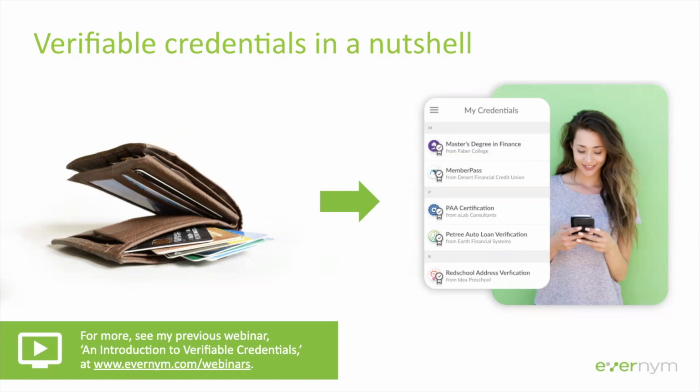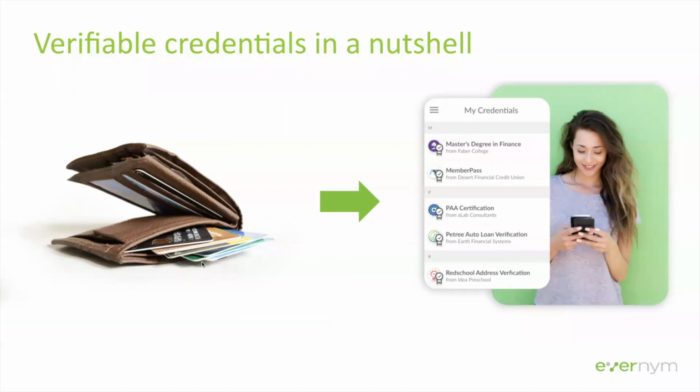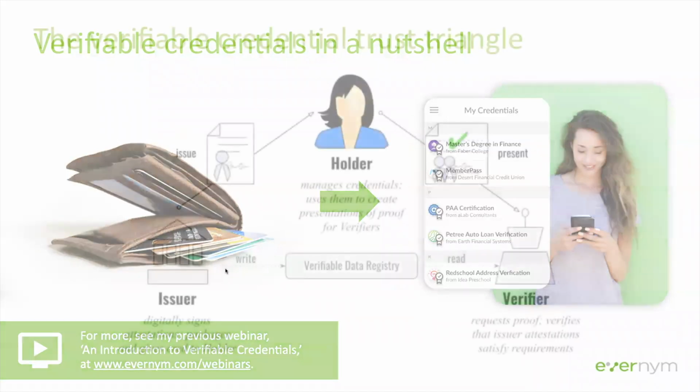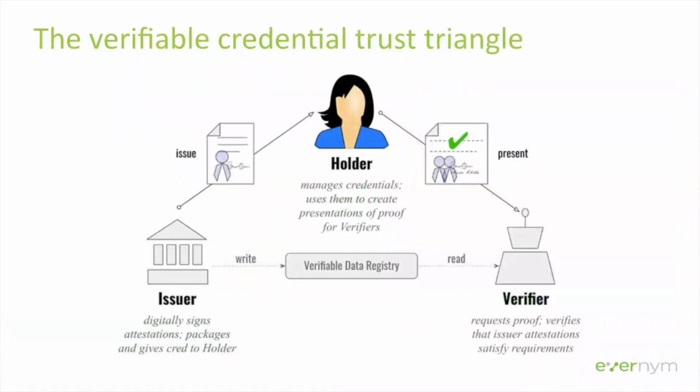So let's talk for just a minute about some key constructs. This particular diagram is kind of colloquially called the trust triangle, and it comes directly from the concepts that are laid out in the verifiable credential data model standard.